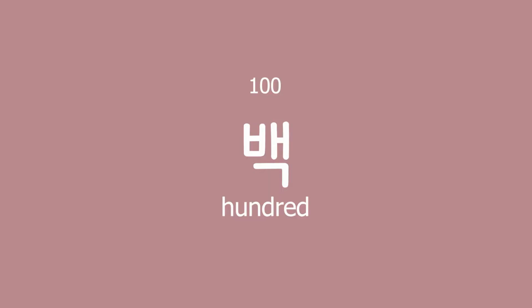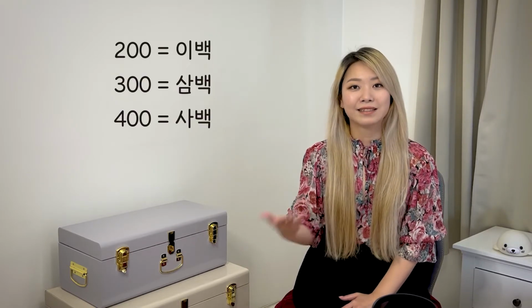But what about 100? 100 in Korean is 백. So, for example, 200, 300, 400, 500, right? It's easy to put it. The Chinese numbers are way too simple compared to the Korean numbers.